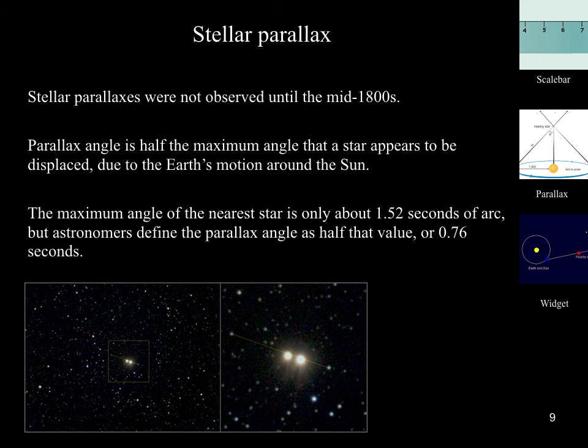And when we talk about parallax, this is what we're talking about. On the bottom it says, a parsec is the distance at which an object 1 AU across has the size of 1 arcsecond. 1 parsec is equal to 3.26 light years or 206,265 AUs.